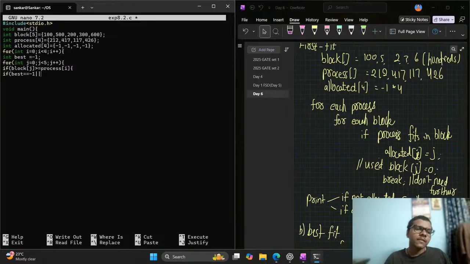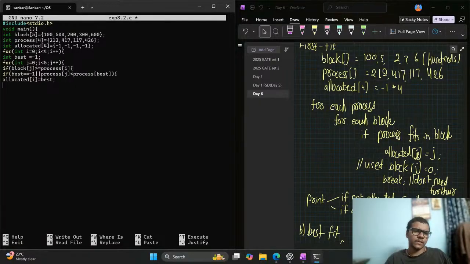I can write this process of J. There is a process that is better than the best process. You are going to allocate it of I is process.